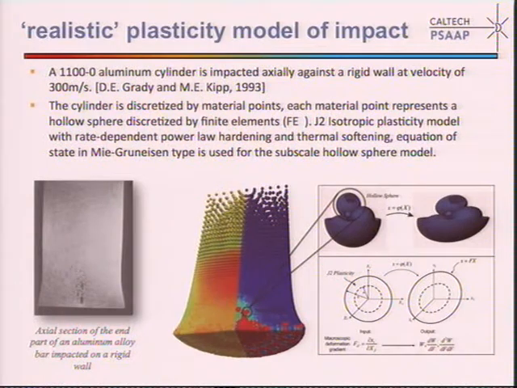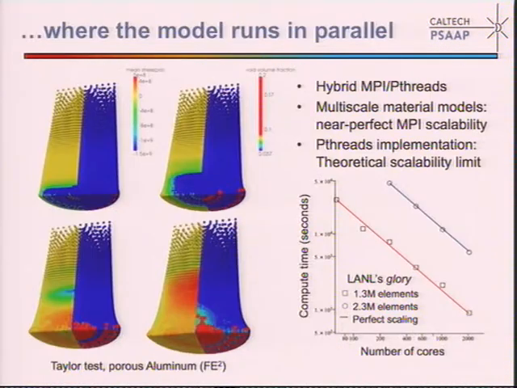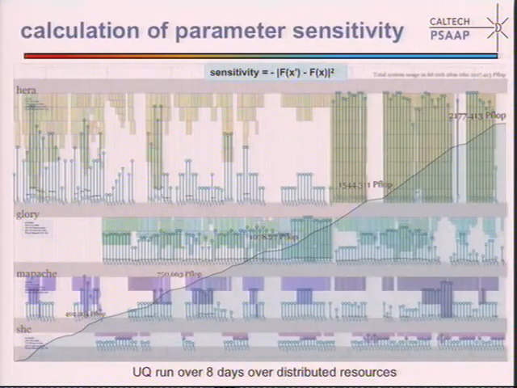So the biggest thing we've done is take a plasticity model like this, which has complicated physics in it and is a parallel problem itself, run on a bunch of machines. I tied together a kind of prediction problem over 1, 2, 3, 4 petaflop resources on 3 national lab machines plus my laptop to run this calculation over 8 days, using a bunch of cores.